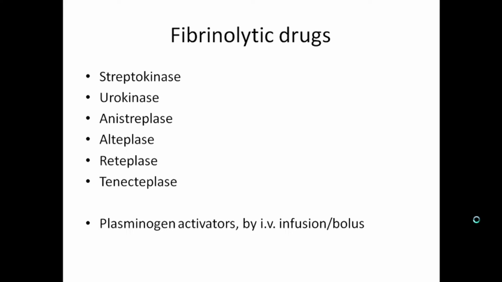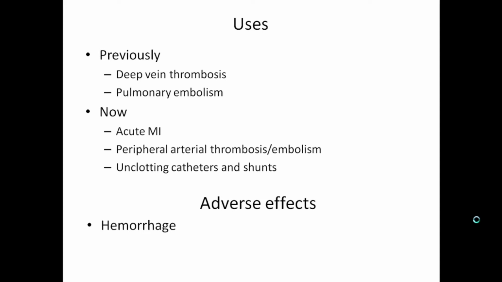These are all plasminogen activators, administered by IV infusion, IV injection or bolus. Previously, these drugs were used for the treatment of deep vein thrombosis as well as pulmonary embolism. But nowadays, they are specifically preferred for acute myocardial infarction.